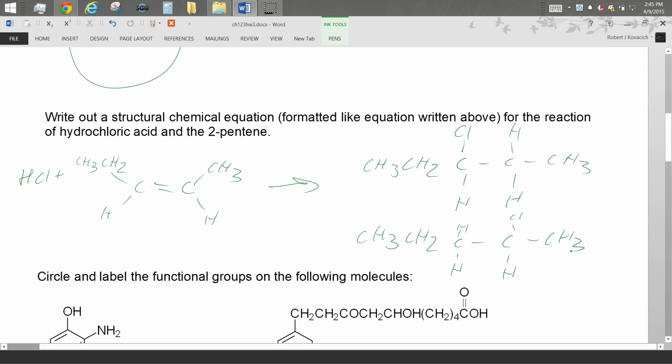We okay with that? Which one do I have more of? You think? The one on the end sticks out? No. They're both what kind of carbons? They're both secondary carbons. So what's this? Yeah. It's a 50-50 mixture.